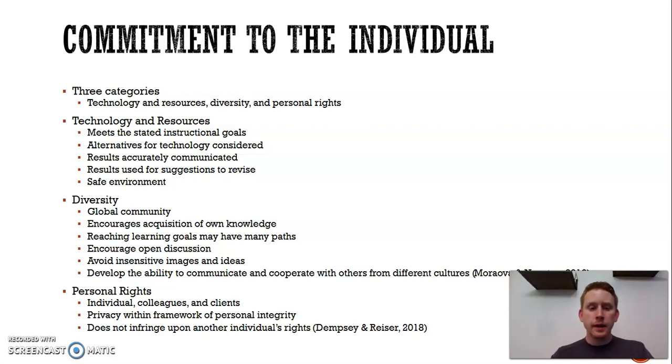Within the diversity domain, it ensures that a global community is addressed with the design. It encourages the acquisition of one's own knowledge. It understands that reaching the learning goals may have many paths depending on the participants in the design. The design must encourage open discussion, and insensitive images and ideas must always be avoided.